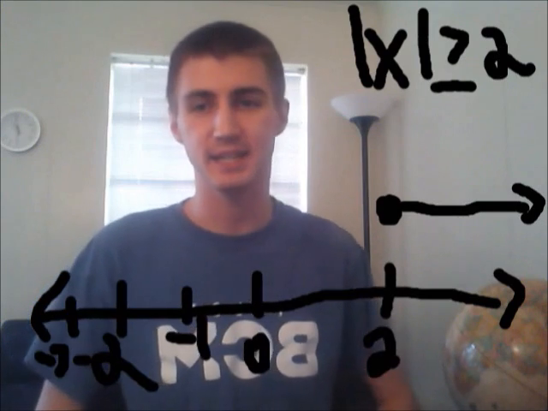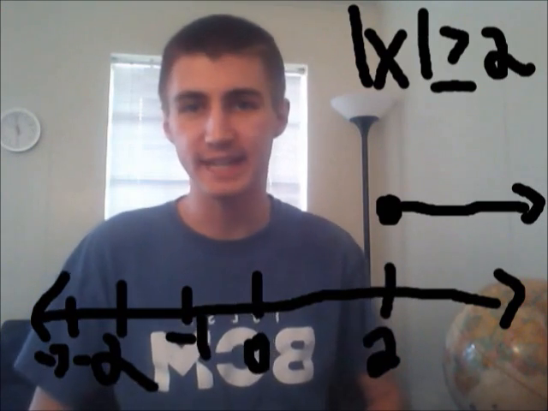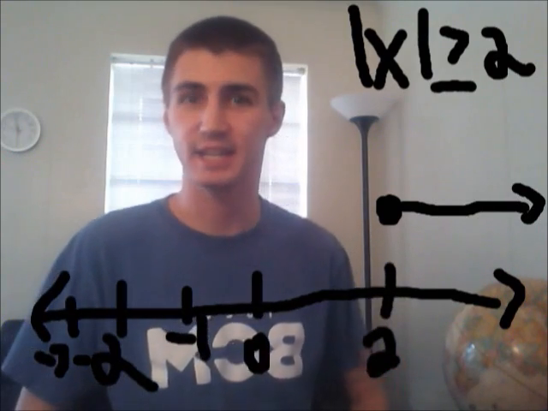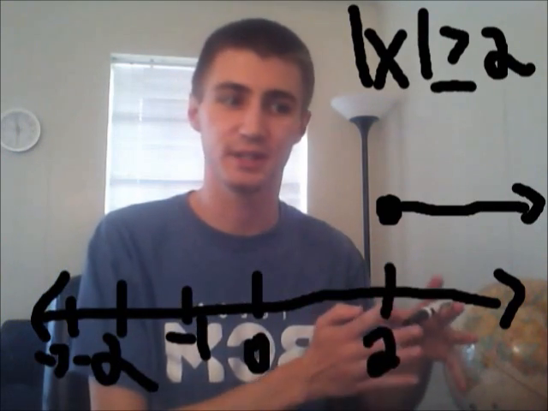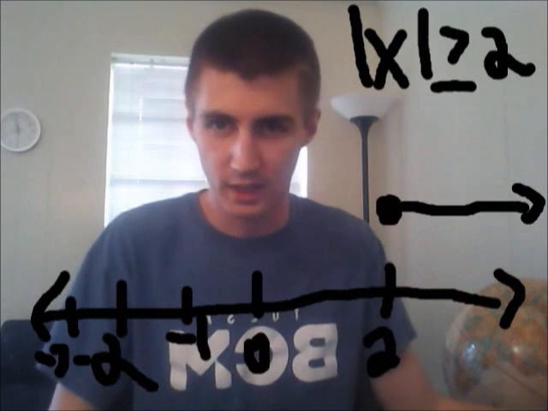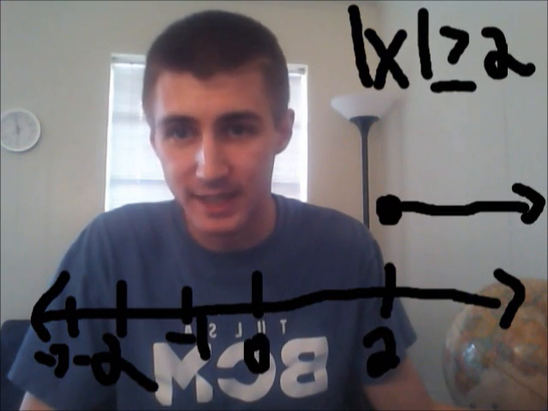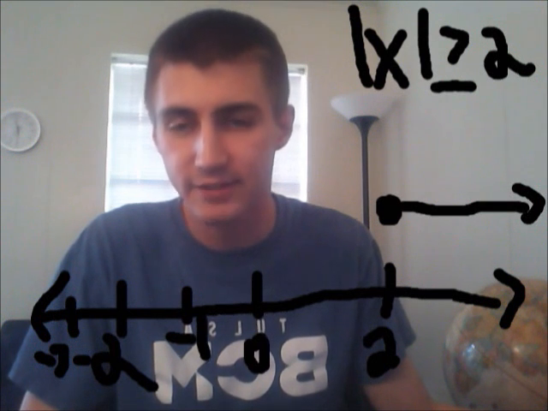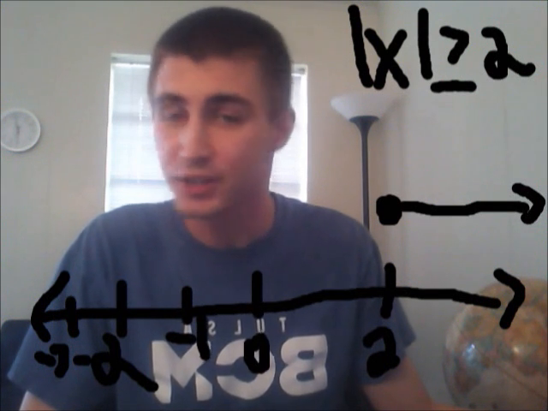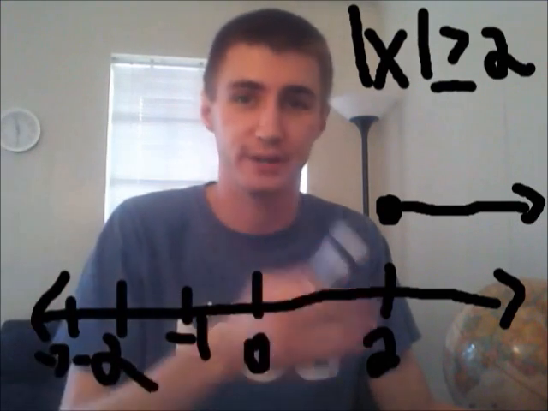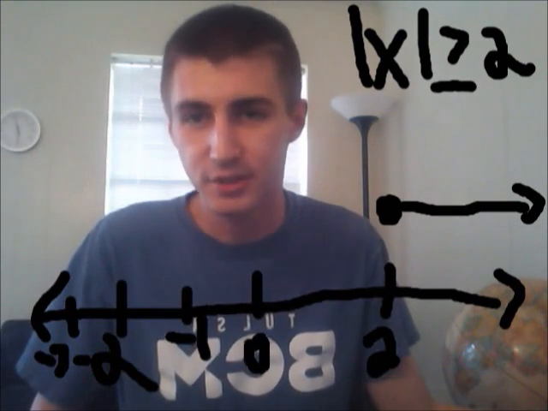Now let's take, for instance, -3 and put it in there for x. Now you're going to be chopping off that negative sign, turning into a +3, and +3 is greater than or equal to +2. So what we're saying is +3 works just as well as +2, or -3 works just as well as -2, and if you were to take -4, put it in there, chop off the negative, you'd be getting 4 is greater than or equal to +2.